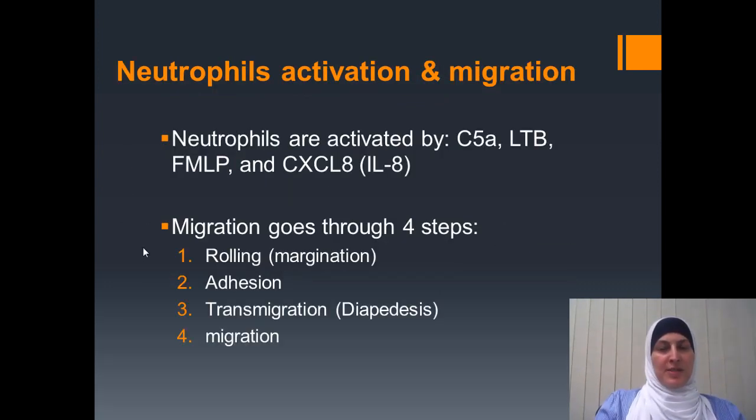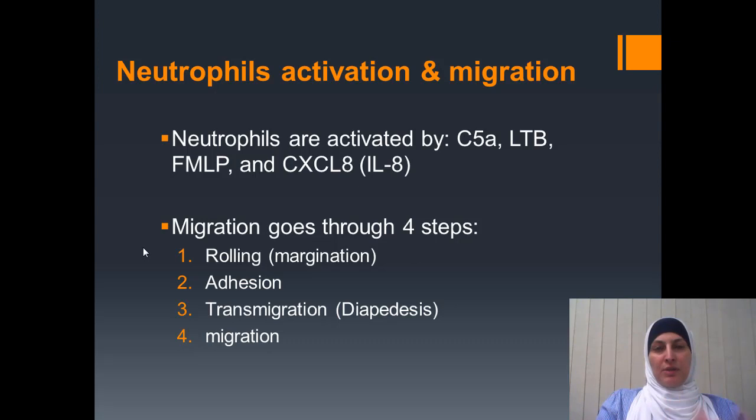Neutrophils would be activated by the presence of different types of cytokines or chemokines or complement proteins that are produced from certain macrophages or from the complement system at the site of the infection. For example, C5a, the complement 5a, the lymphotoxin B, the interleukin 8, which is a chemokine. So these are the types of ingredients or proteins that are needed to activate the neutrophils.